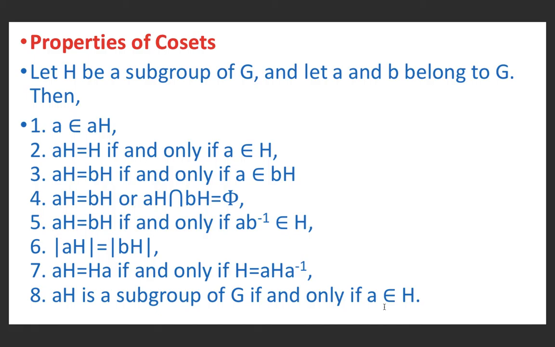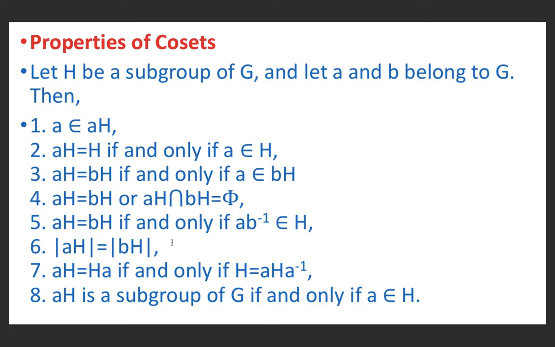Note that the first property, A belongs to H, the fourth, two left cosets are either identical or disjoint, and the sixth property, the number of elements in any left coset is the same, guarantee that the left cosets of a subgroup H of G partition G into blocks of equal size.